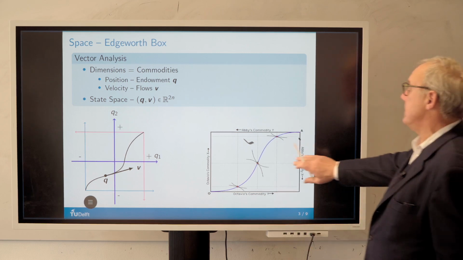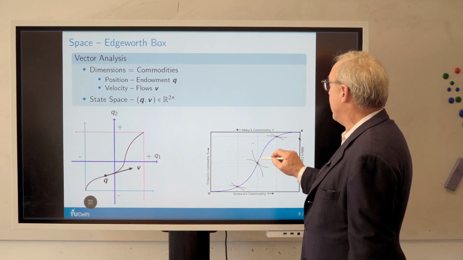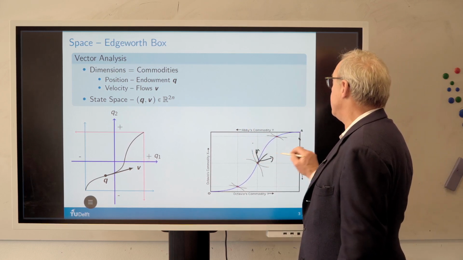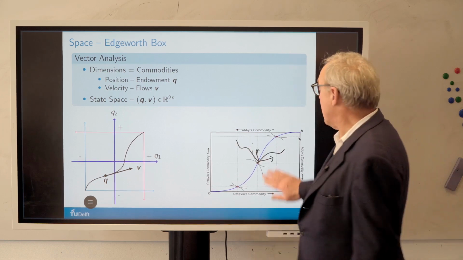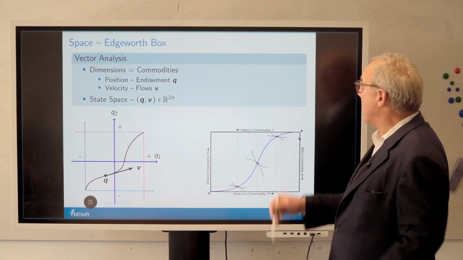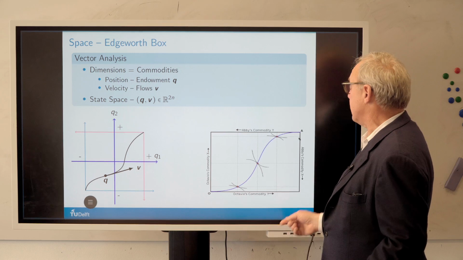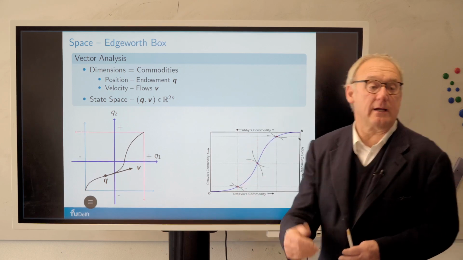You can build it on these Edgeworth boxes, but they're a little bit more. They will tell you for all possible points how you could be changing, so what the contract curve could be. What we need to do with our dynamics is to be sure that we have a set of differential equations or other types of equations that will tell us, if we're here, what's the next step we're going to make.